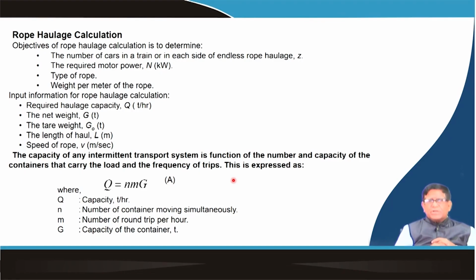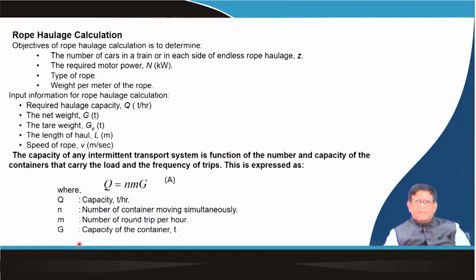Then hourly production will depend on that: if one container is carrying, say, G ton, then N containers with M number of trips will give N times M, and each one has a net weight G, that is G ton of coal or ore. So, you can find that the capacity will be the product of these 3 parameters as given in this equation A, that is N M G.